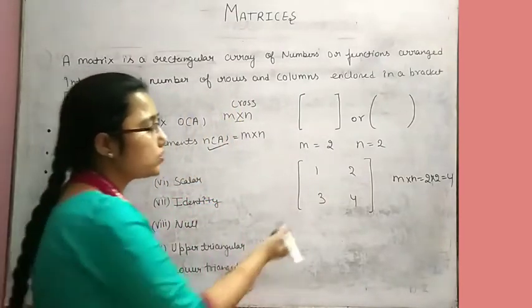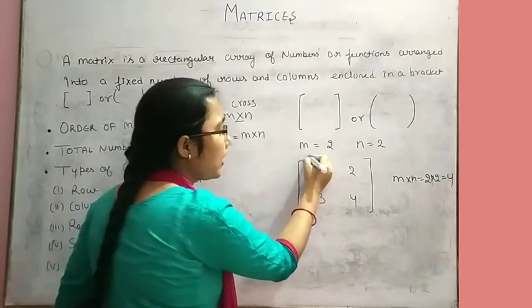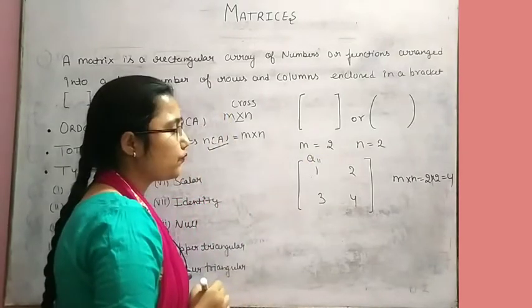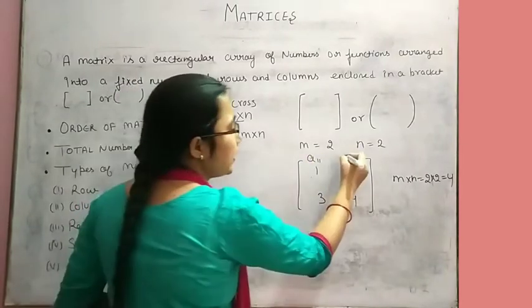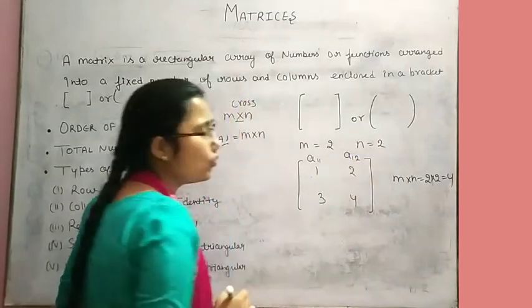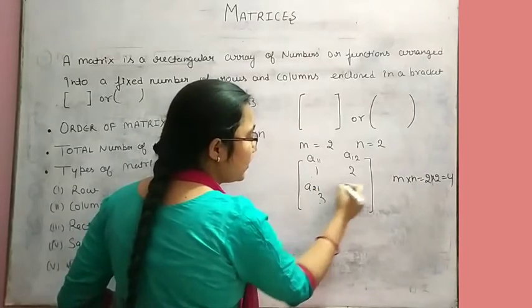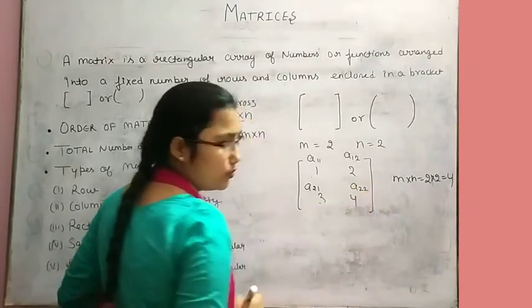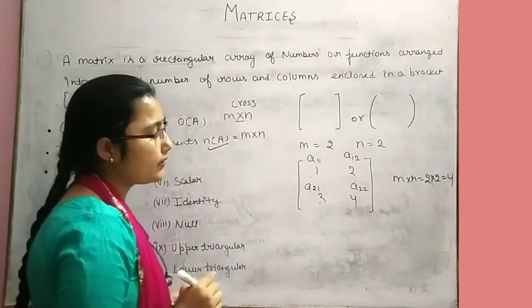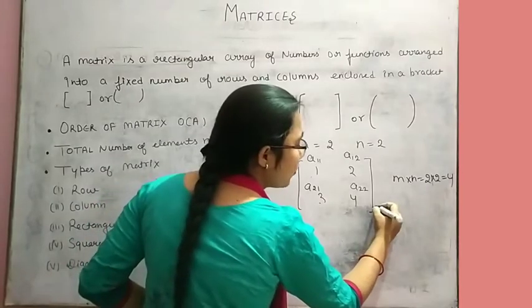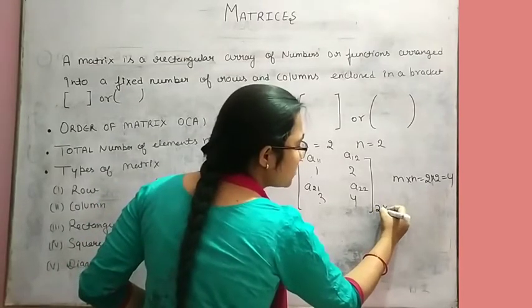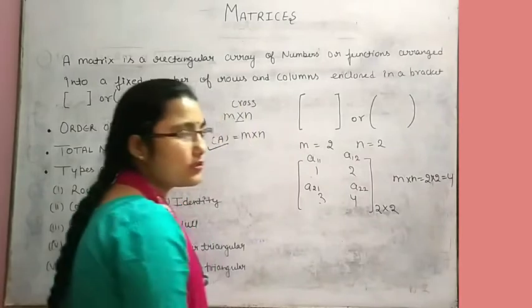And the position of the first element is A11, that means first row and first column. And second is A12, first row and second column. Similarly, A21 and A22. And the order of the matrix is defined by m cross n. That means the number of rows is 2 and the number of columns is 2.